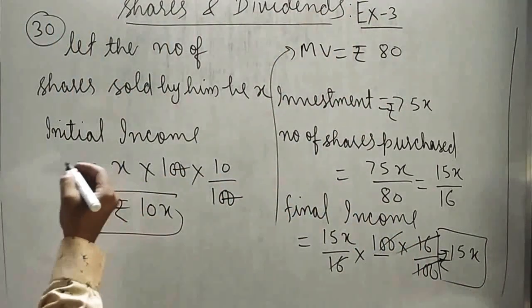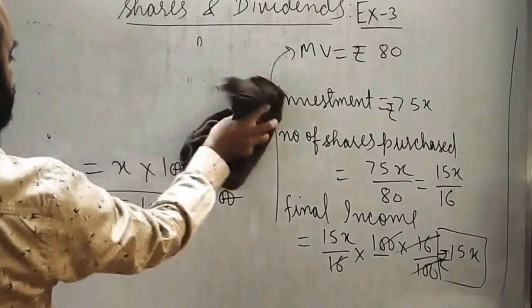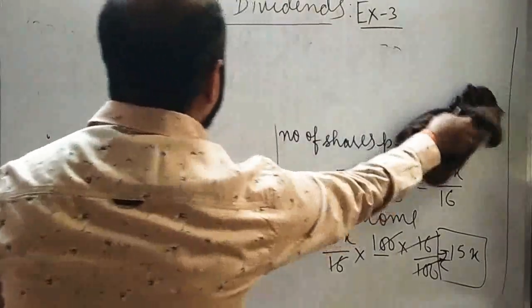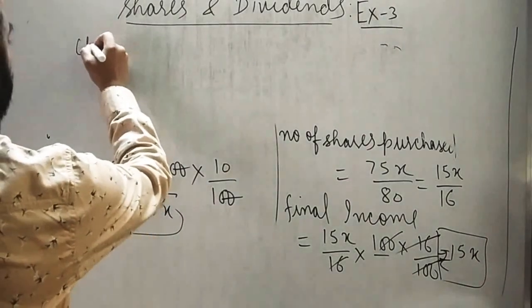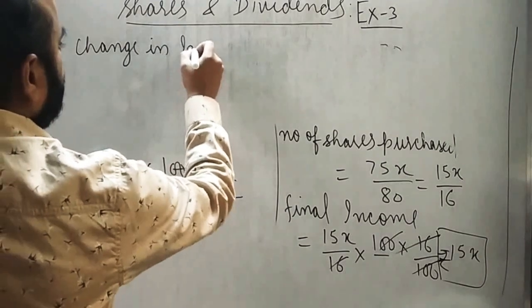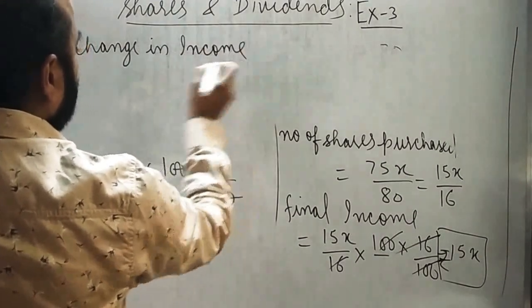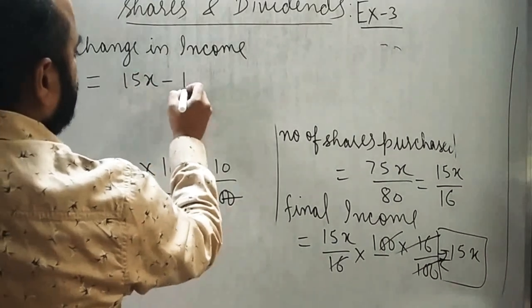So what is the change in the income? Change in income is equal to 15X minus 10X.